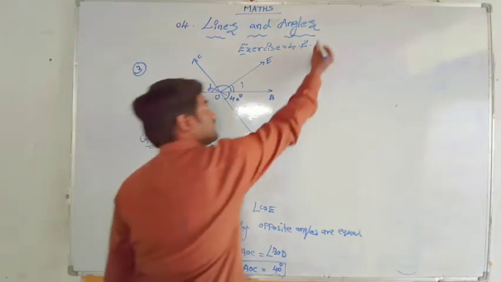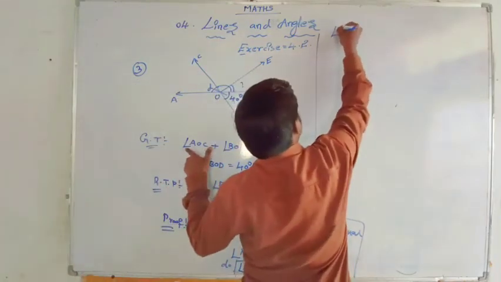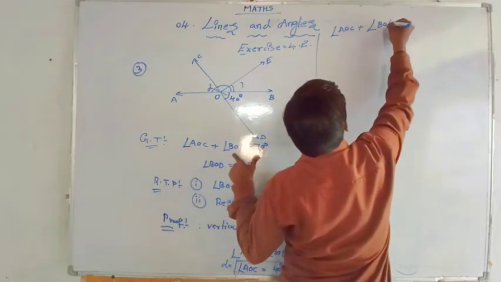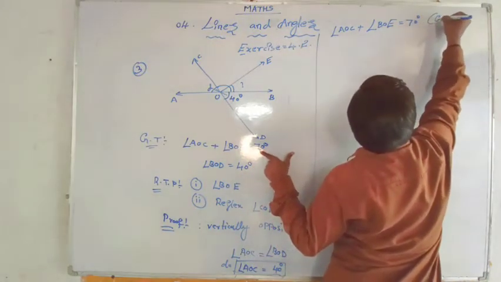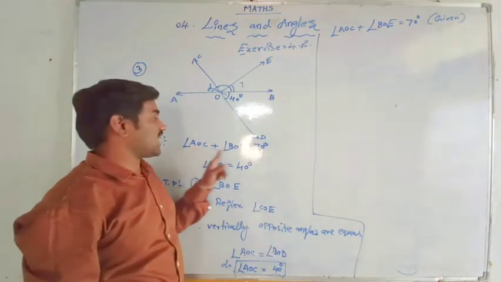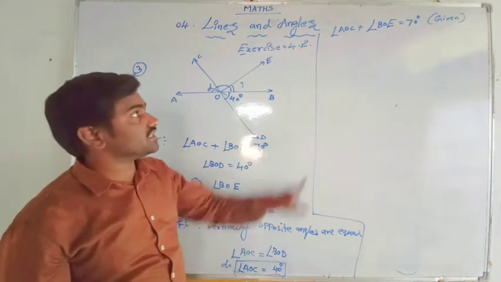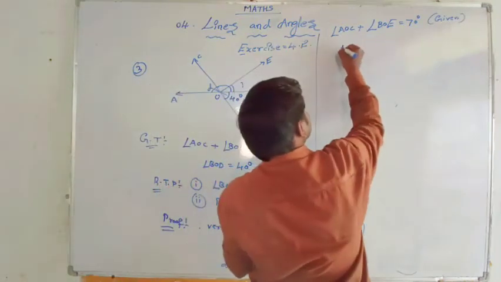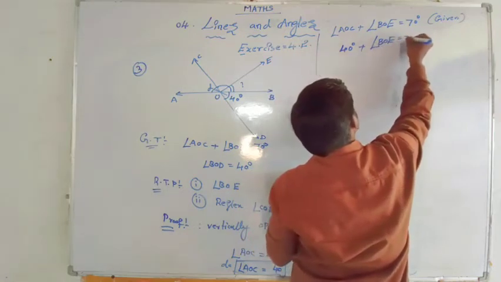From the given statement, angle AOC plus angle BOE equals 70 degrees. We know angle AOC is 40 degrees, which we got from the vertically opposite angles. So 40 degrees plus angle BOE equals 70 degrees.